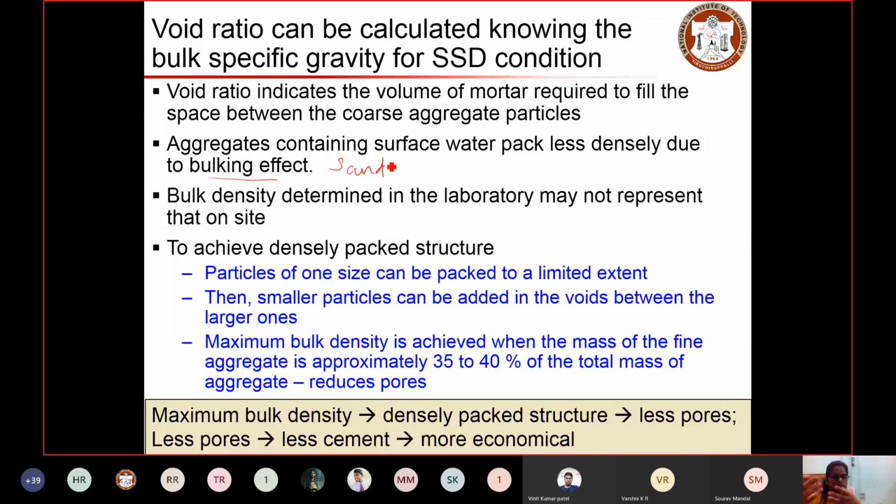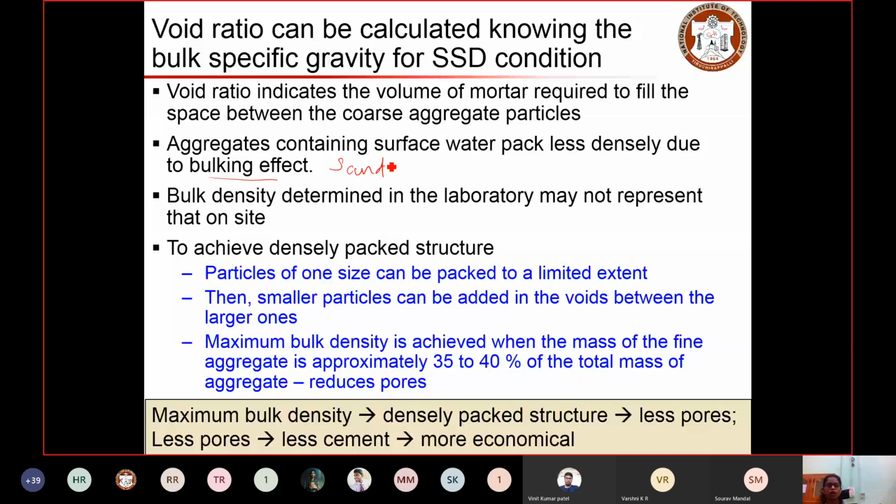And the bulk density determined in the laboratory will definitely not be the case on the sites, because in the lab we do this with proper conditions and precautions. We follow each and every step, and moreover the sample is small. But in construction this is not going to be the case. So whatever we get from the bulk density can be used for mix design based on mass, that is, the water cement ratio, and based on weight.